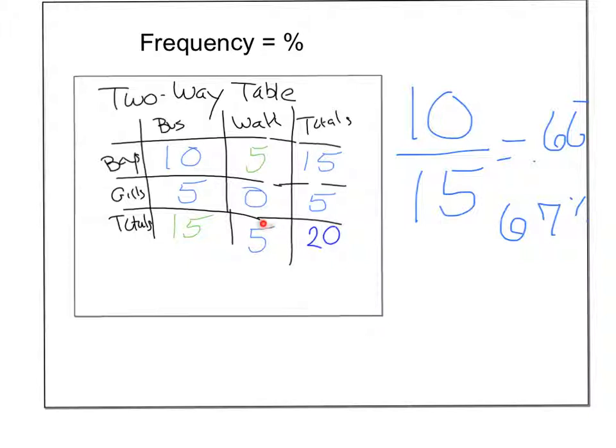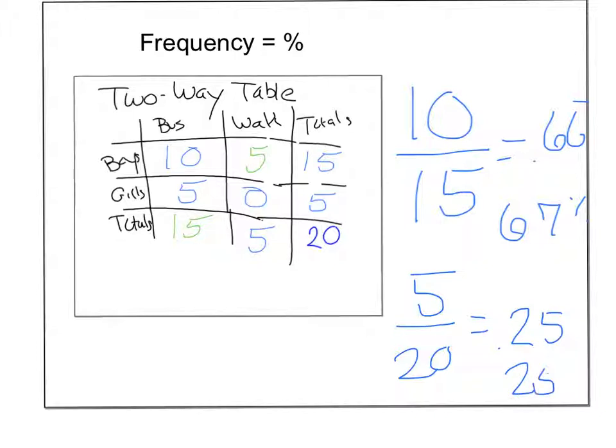I would look at my total number of walkers divided by my total number of students. So I would use 5 over 20 and divide that out to get 0.25, which would be 25%.